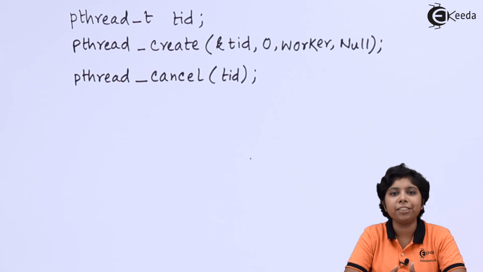Now, the cancellation can be done only after reaching a cancellation point. This cancellation point can be set by the pthread_testcancel function. This pthread_testcancel function invokes other functions known as cleanup handlers.